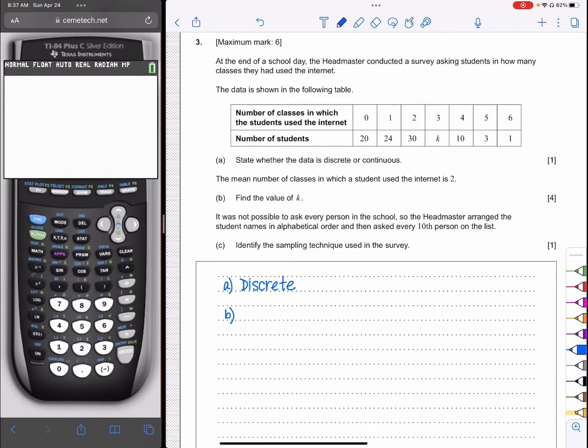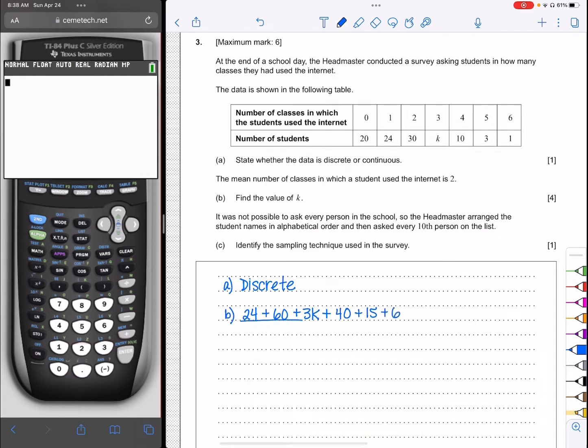0 times 20, which is just 0. Then 1 times 24, which is 24. Then 2 times 30, which is 60, so I add 60. Then 3 times K, which is just 3K. Plus 4 times 10, which is 40. Plus 5 times 3, which is 15. Plus 6 times 1, which is 6.